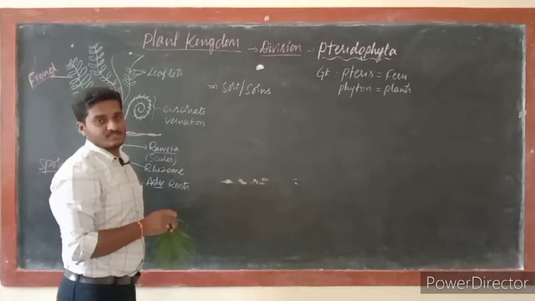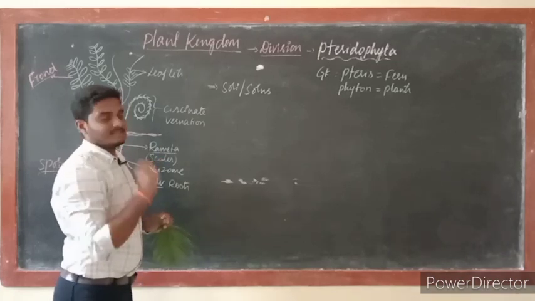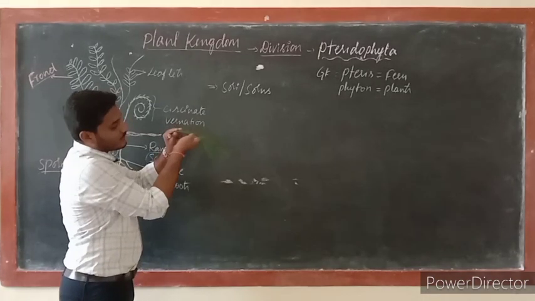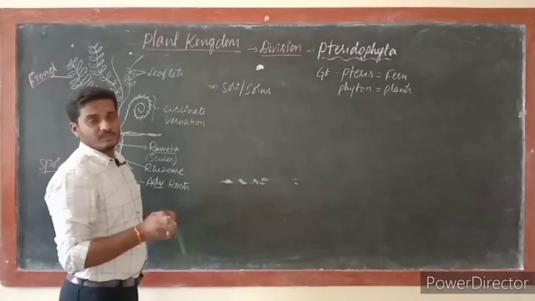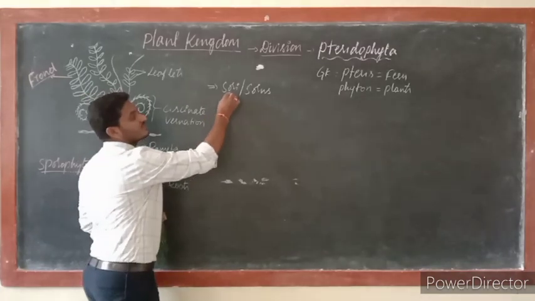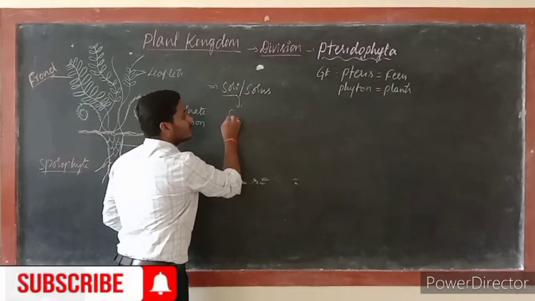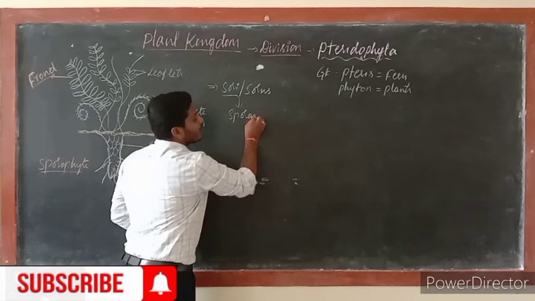The reproductive structures. So during the season, in the lower surface of the leaves, there will be formation of spore bearing structures, called sori. Within the sori, they contain sporangia.